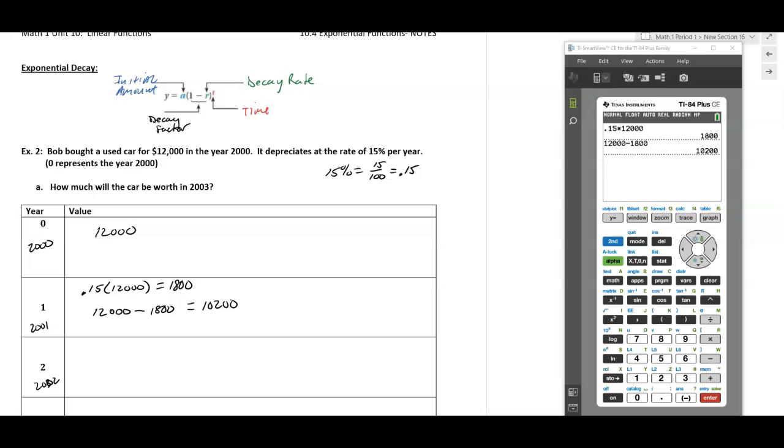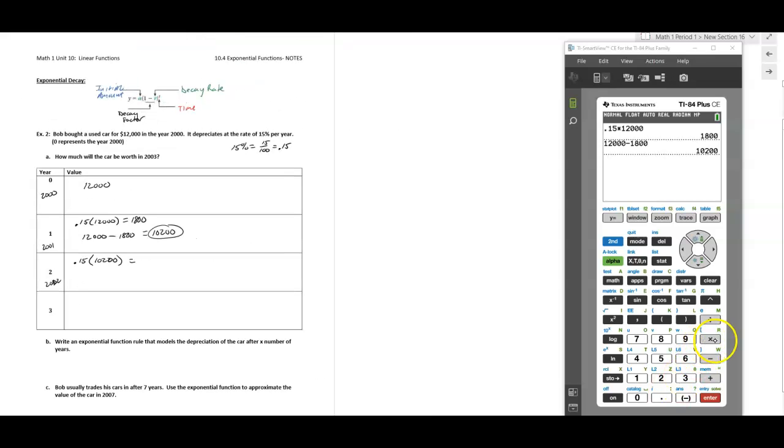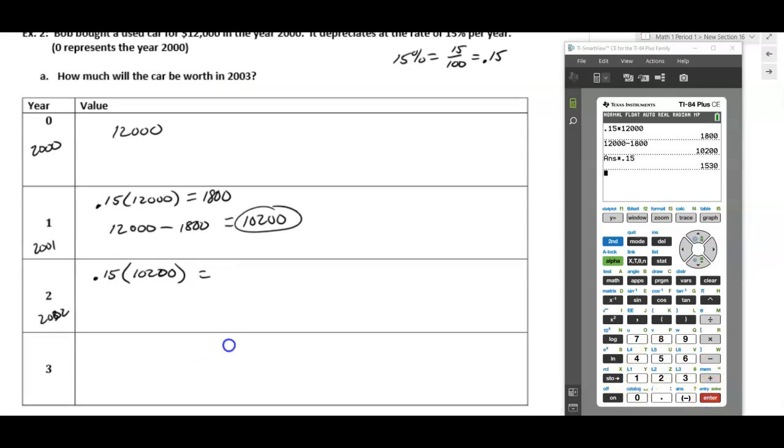So now, to figure out the value after 2 years, I'm going to duplicate the process. 0.15 times the new value, 10,200. So if I take that 10,200 and multiply it by 0.15, you would get $1,530.